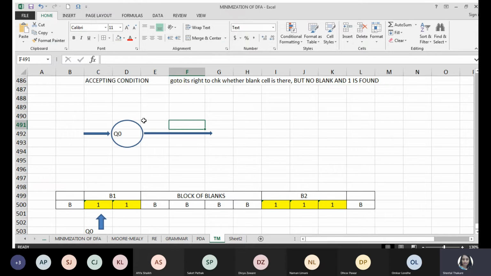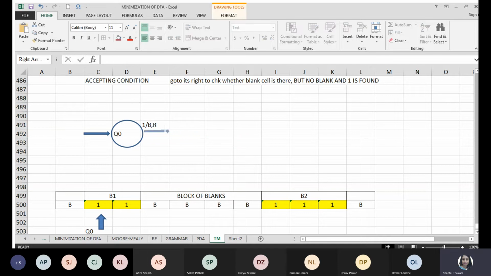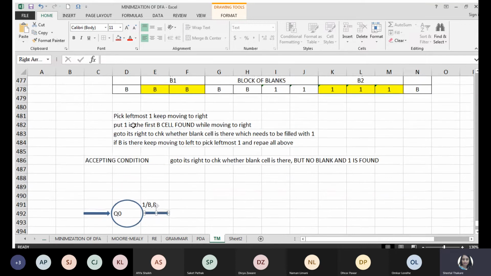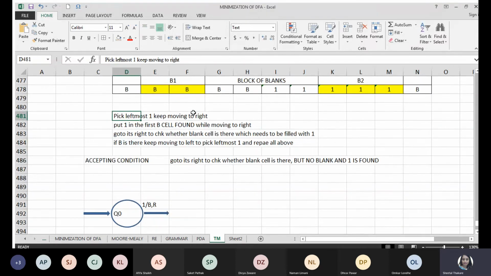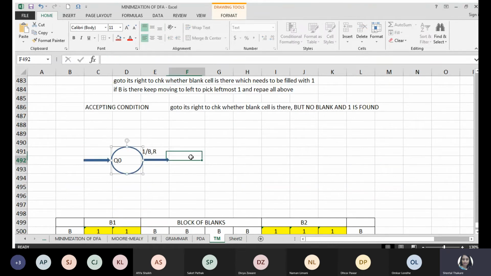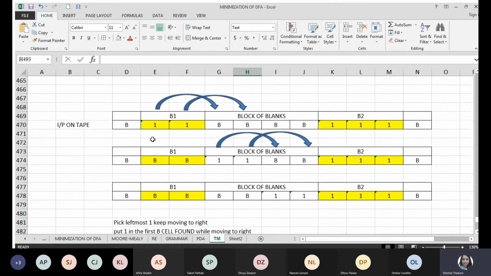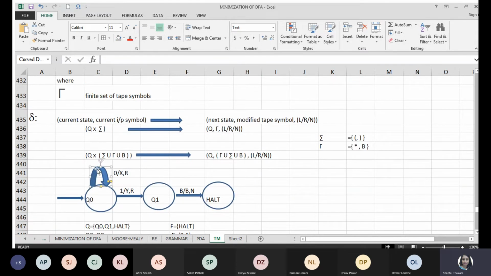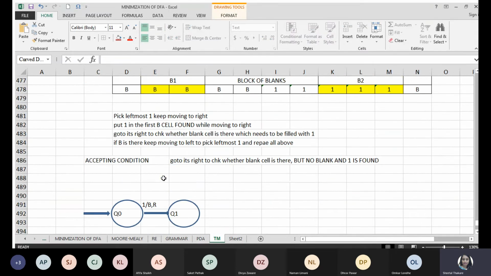So it says that यहाँ से करते हैं, if it is 1, make it blank and move to R. Description maybe we have written the same thing. Pick leftmost one, keep moving to right till you find first B. So keep moving to right में you may find n number of ones in B1.